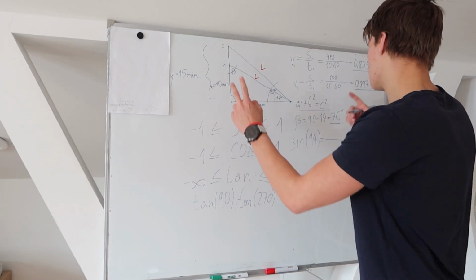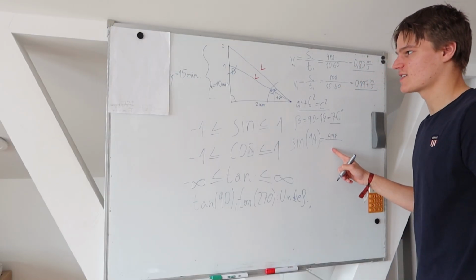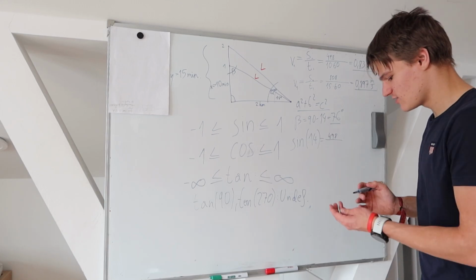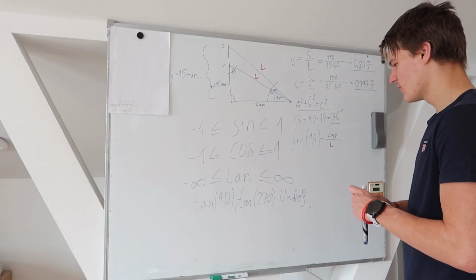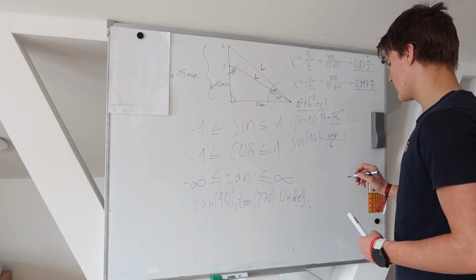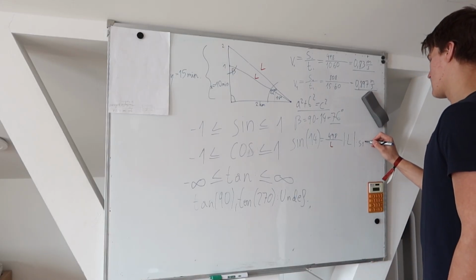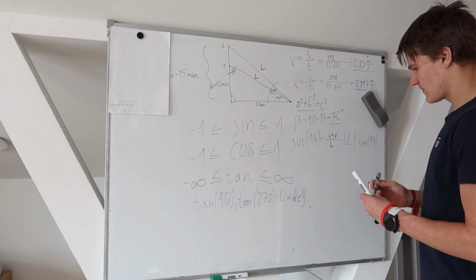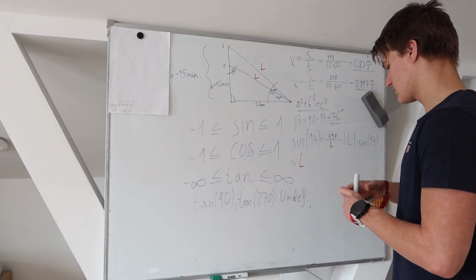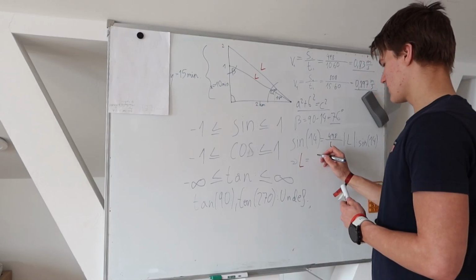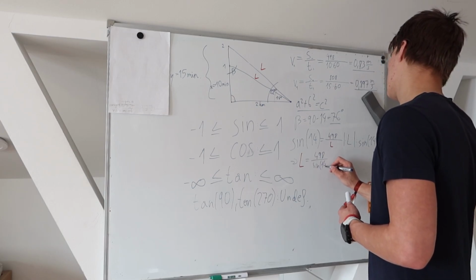The opposite side, which was x, which was 498, divided by the longest side, which we don't know, so let's put L there. Now we just need to do some simple math, times L and divided by the sine of 14, and we get L is equal to 498 divided by sine of 14.